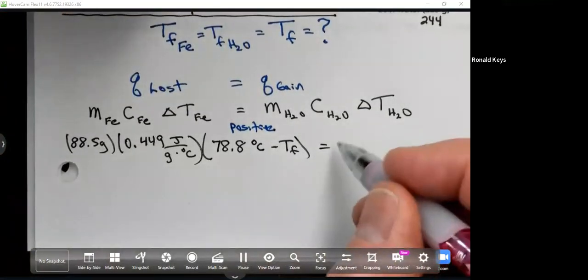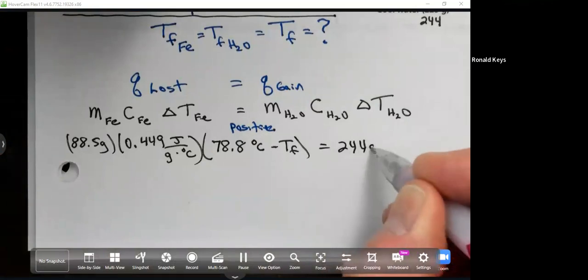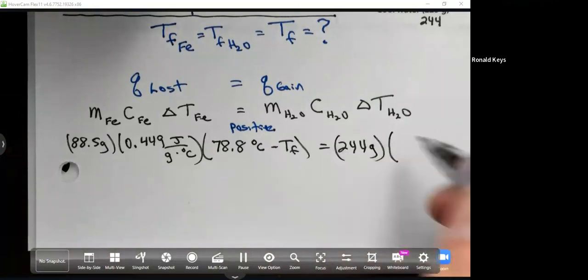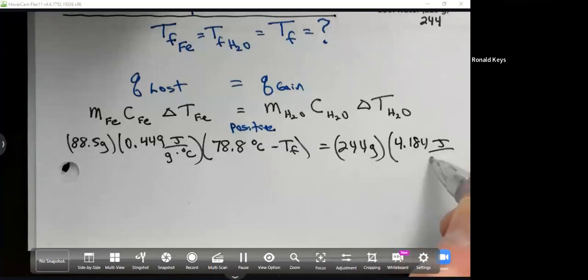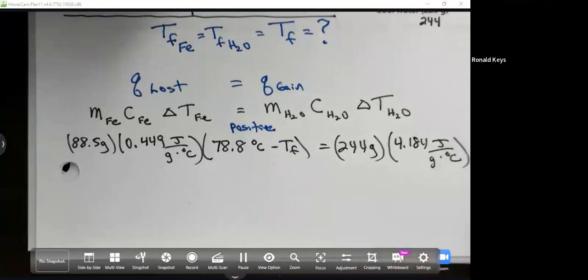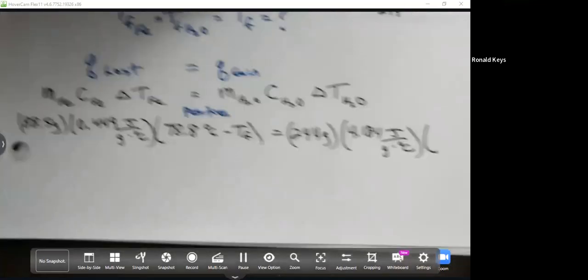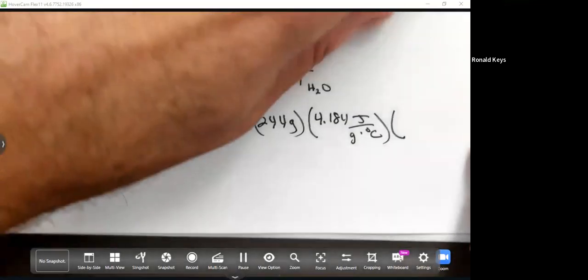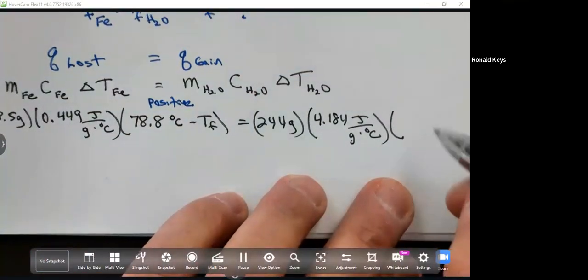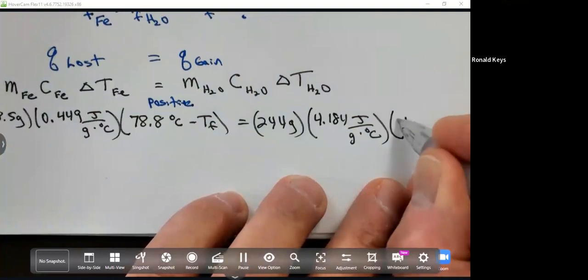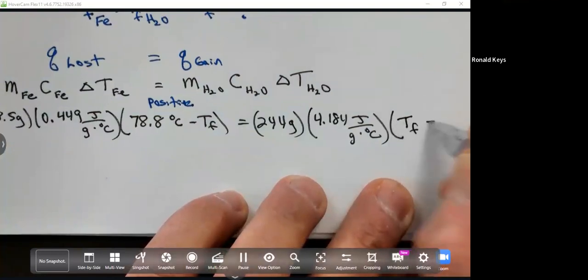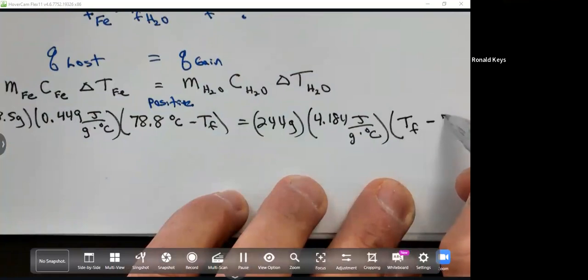Over here, my mass of water is 244 grams, specific heat of water 4.184 joules per gram degree Celsius. This is going to be T final minus T initial, which was 18.8 degrees Celsius.